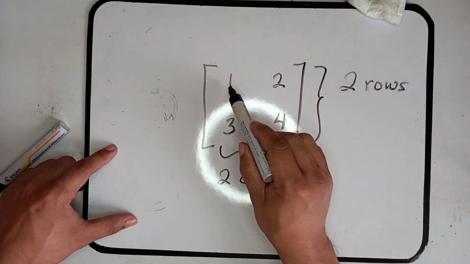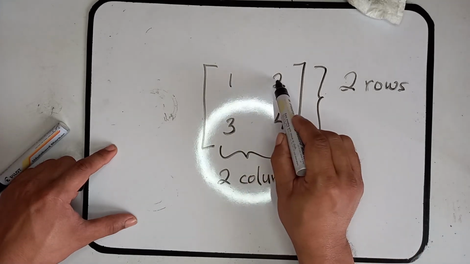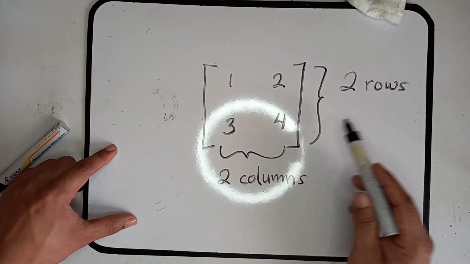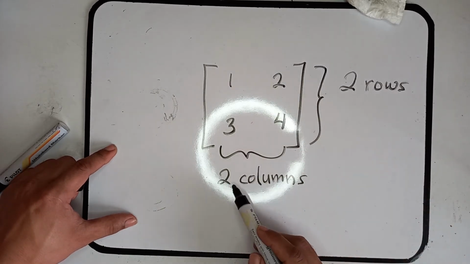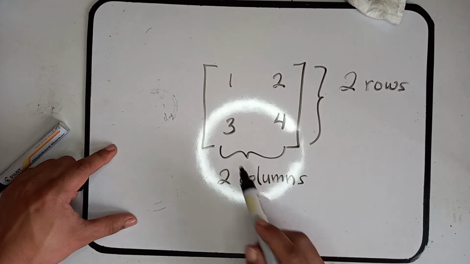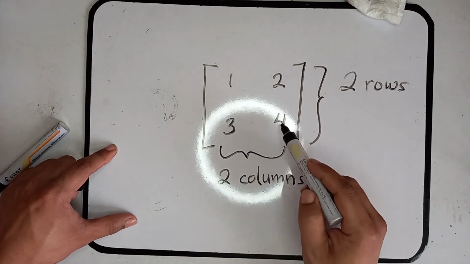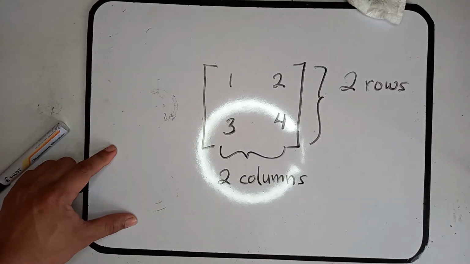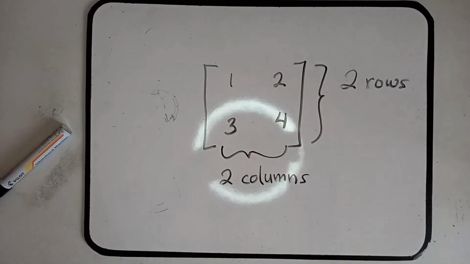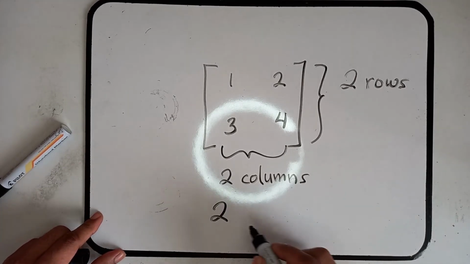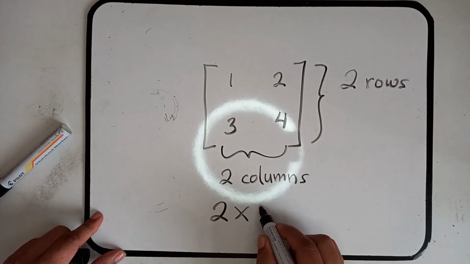So rows are 1 and 2, 3 and 4. So those are the rows. The columns of this matrix are 1 and 3, 2 and 4. So this shows that we have two rows and two columns.